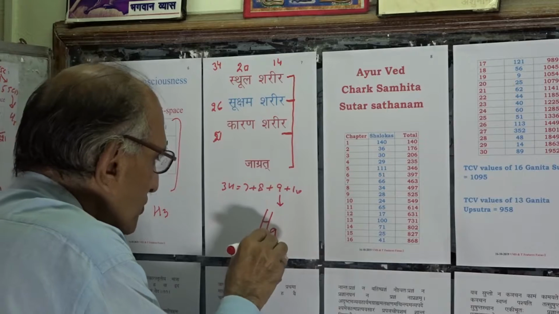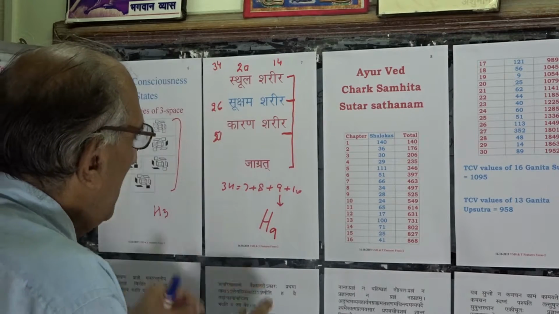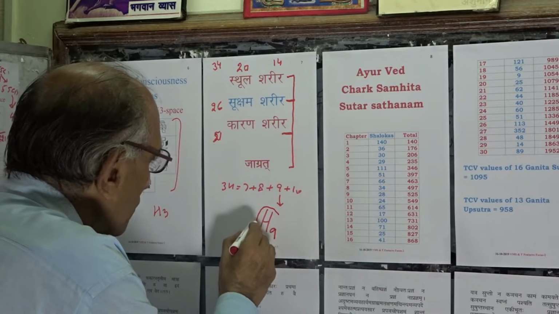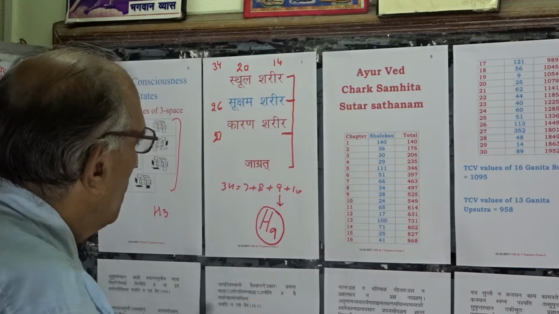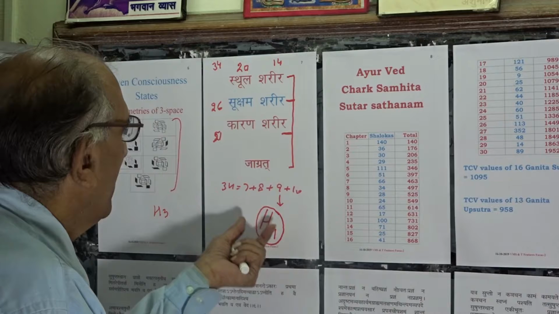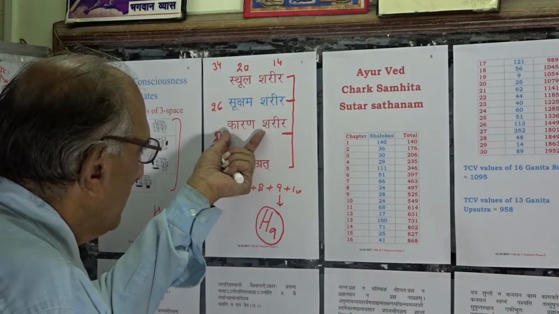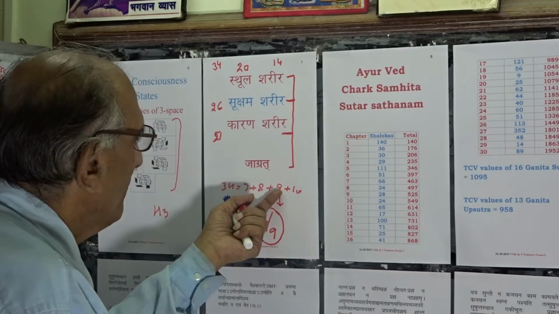So our sthul sharir, our mundane body, is availing a format of hypercube 9. Therefore we can appreciate how subtle and causal bodies are having their existence upon a Brahman domain.